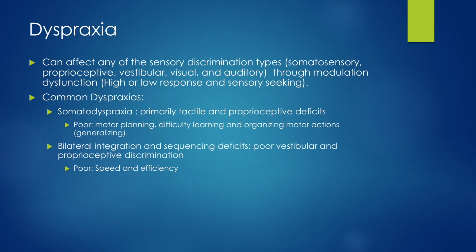Another dyspraxia is bilateral integration and sequencing deficits. This is characterized by poor vestibular and proprioceptive discrimination. This causes tasks to be extremely inefficient and slow, but has no grounds in cognitive ability.